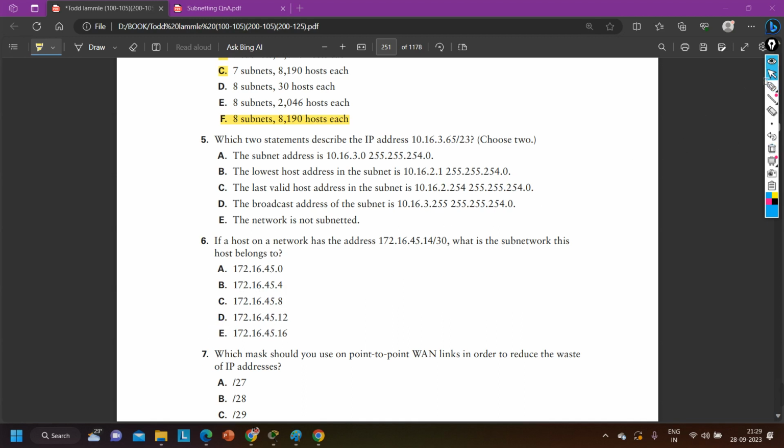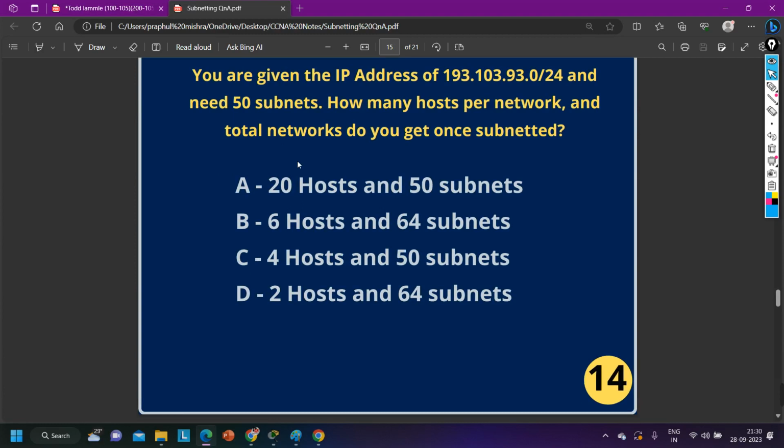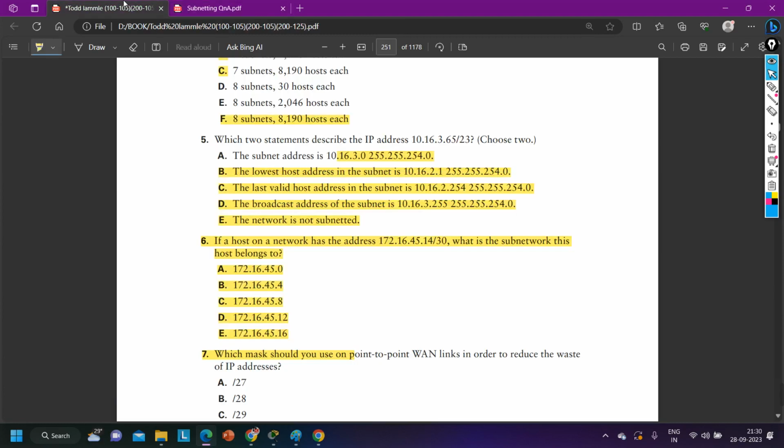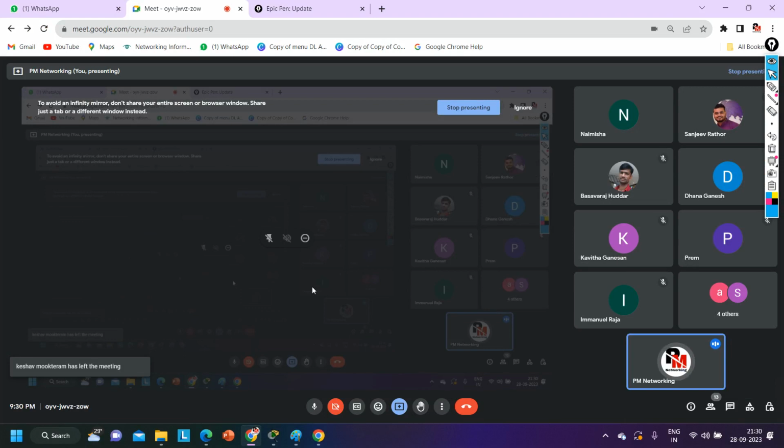Okay, like this there are multiple questions, you can solve them by yourself. I don't need to discuss all the questions, and I also have some questions that I will discuss in tomorrow's class. But these are all basic questions. If you know these three formulas of subnetting, like calculating network ID, valid hosts, and block size, then you can find the answer to any subnetting question. I have already shared this PDF with you.